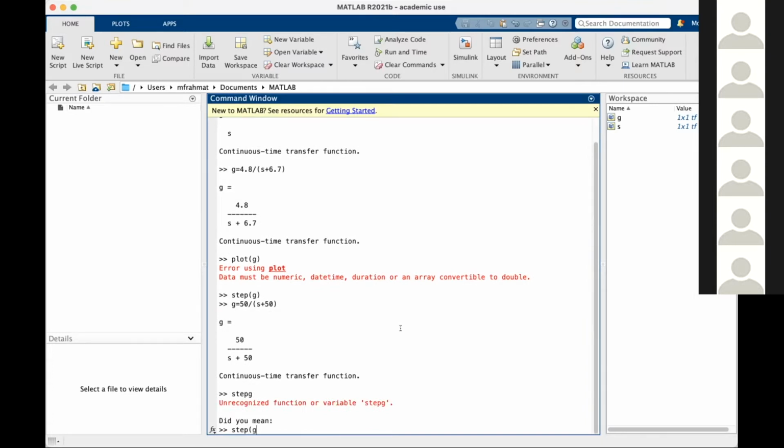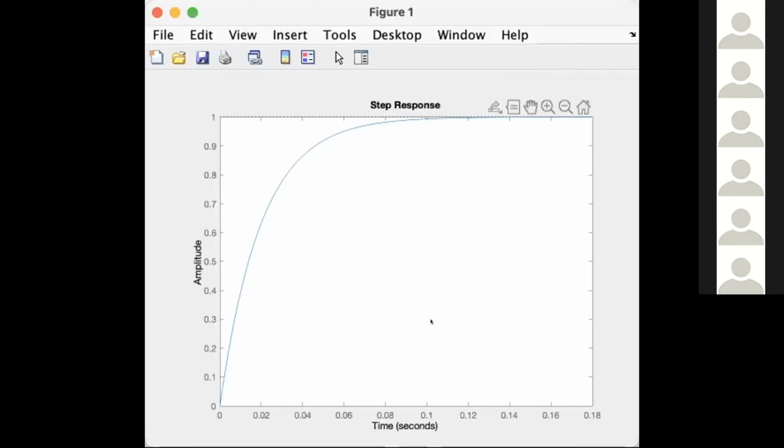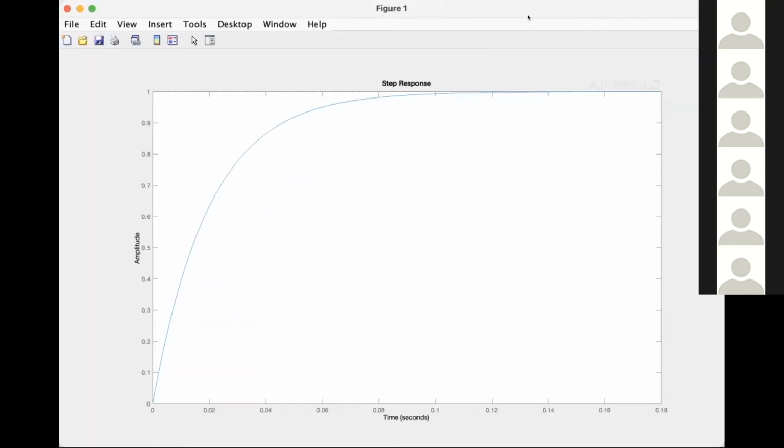So, can you see the graph? Okay. How to show the grid from this figure? Right click. Yeah, right click on the figure.